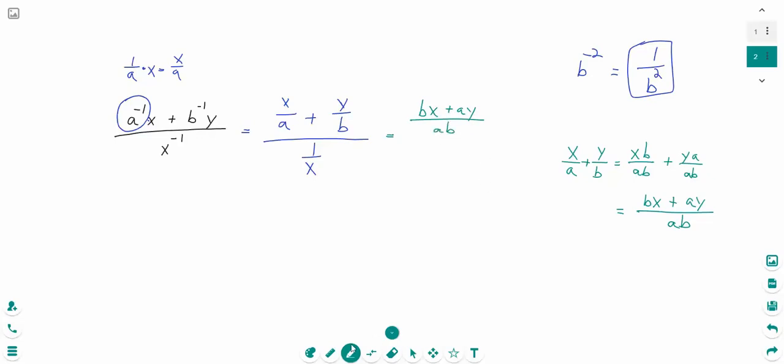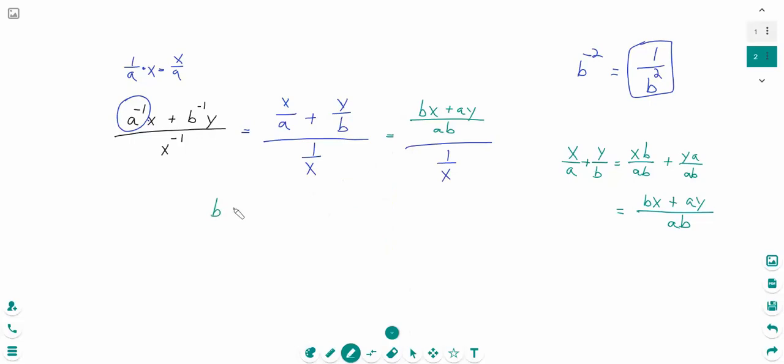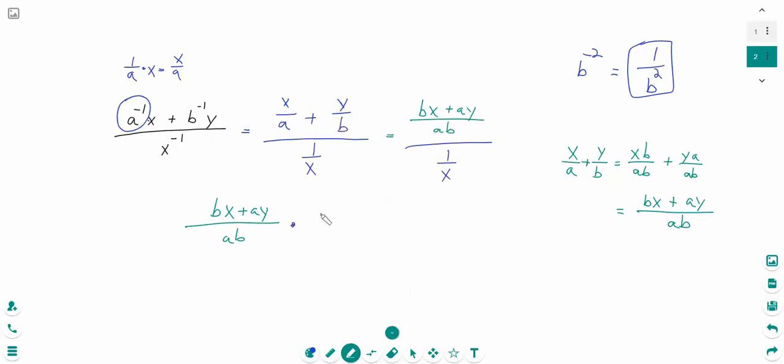Okay, and then once we've got it to this point, we're back to business as usual, right? So now we're going to take that numerator, bx plus ay over ab, and we're going to multiply that by the reciprocal of the denominator, which would be x over 1.